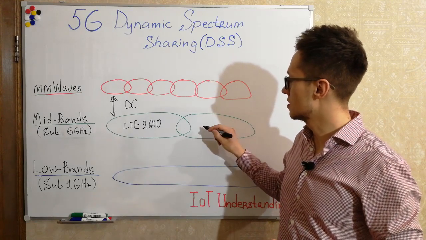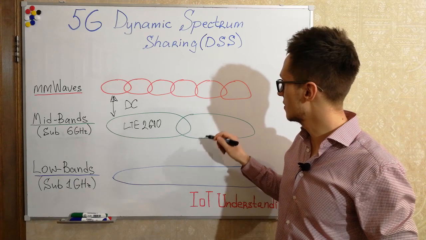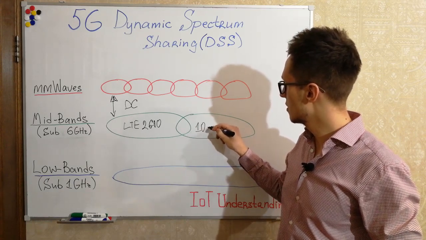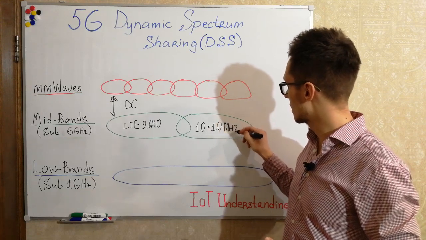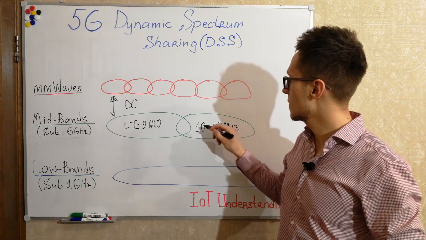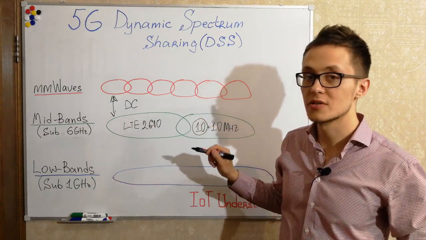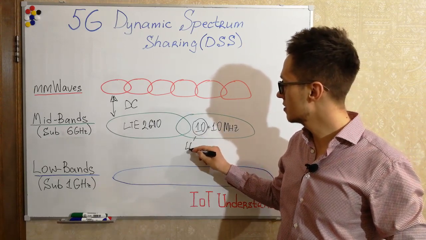Let's assume this is again an LTE network, and it has 10 plus 10 megahertz bands. This 10 megahertz cell can be used as LTE.